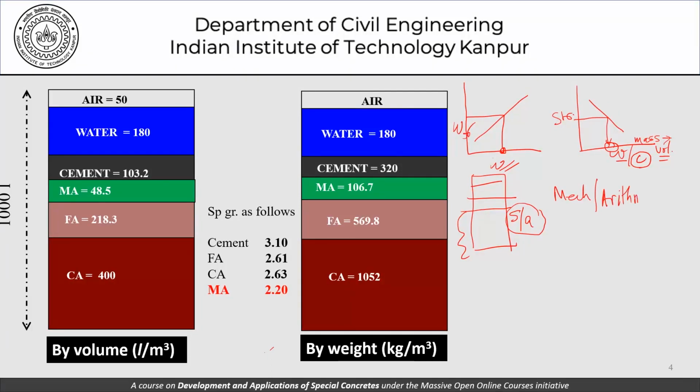The principles behind it we had revised, and it turned out that this was one of the approaches we can use to proportion a concrete mix, using primarily a volumetric balance using this 1000-liter pitcher.